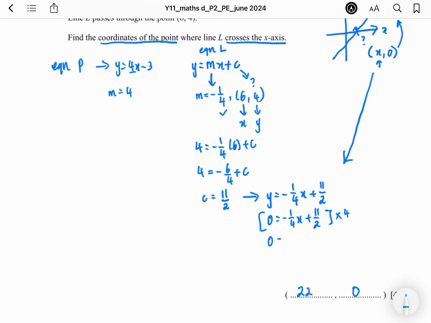So 0 equals minus x plus 22. Then you can add x to both sides and you get x equals 22. And then your y equals 0. Put it into coordinate form: 22, 0.